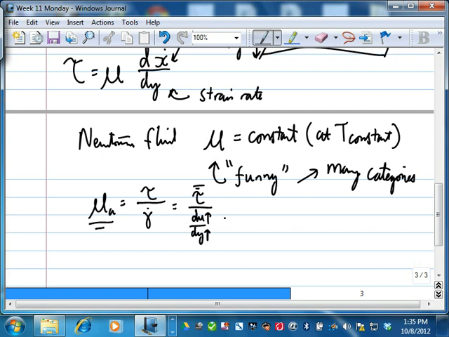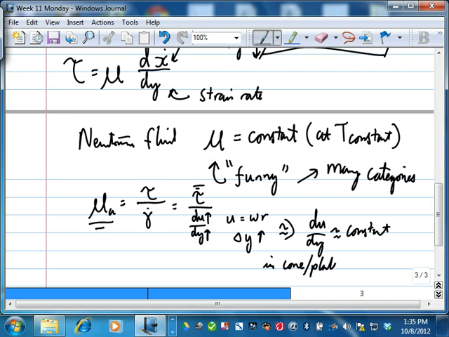In this case, your u is equal to omega r for the rotating part. So when your u goes up, the delta y also increases, so that du on dy is approximately constant in the cone and plate arrangement.